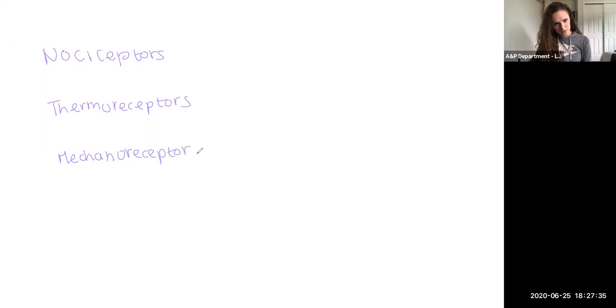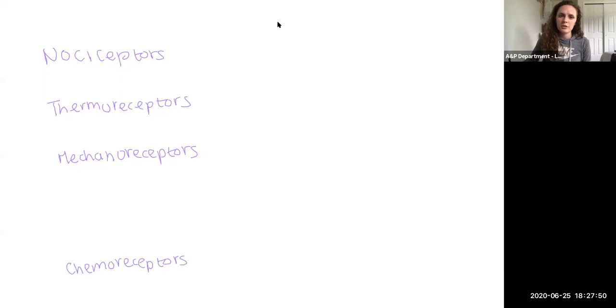You have nociceptors, thermoreceptors, mechanoreceptors, and chemoreceptors. Okay, these are our 4 main categories of receptors.